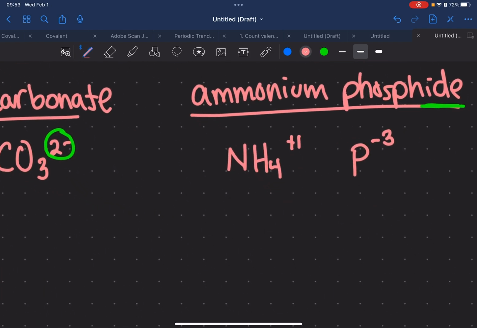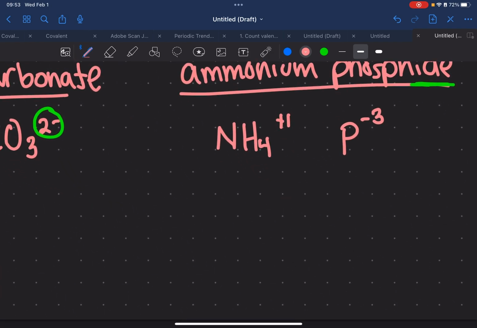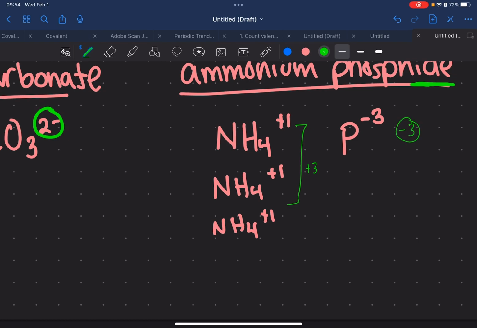So this charge is bigger, so I need to add more of that. I need to add more ammonium. And I'm going to add 2 more. So that now my total positive charge is +3, and my total negative charge is -3. Those do cancel out. They add up to 0.